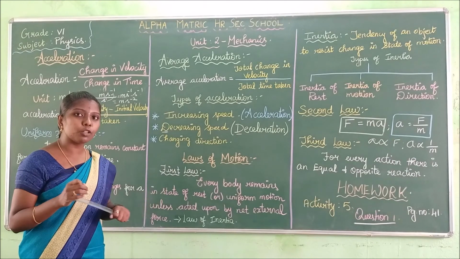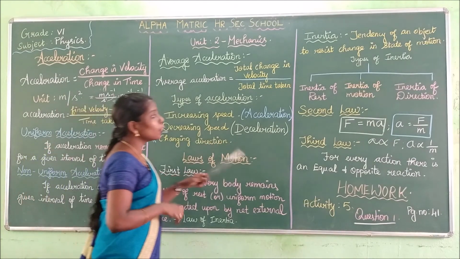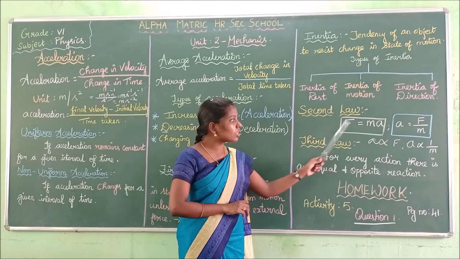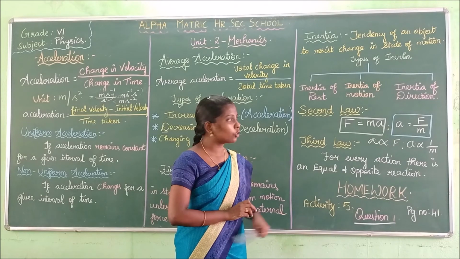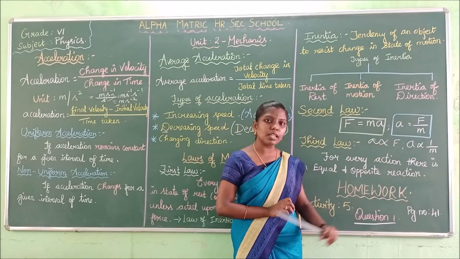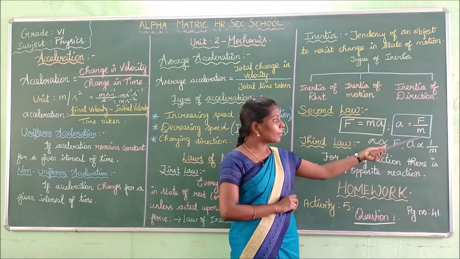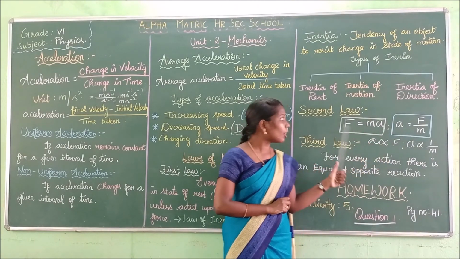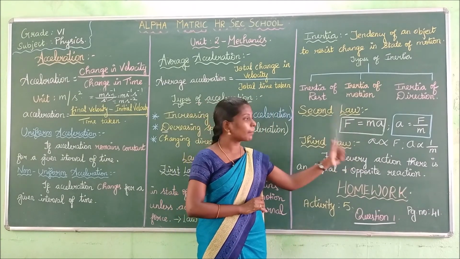Newton's first law is also called the law of inertia. Next, Newton's second law is force is directly proportional to mass and acceleration. Acceleration is directly proportional to force acting on a body and it is inversely proportional to mass of a body. The formula for Newton's second law is F is equal to ma.